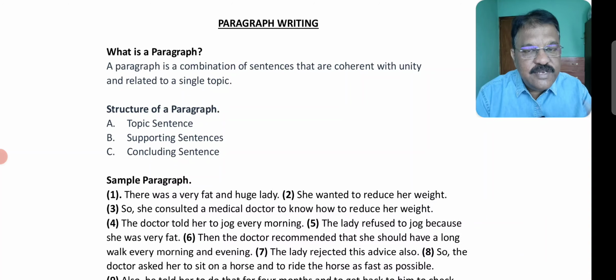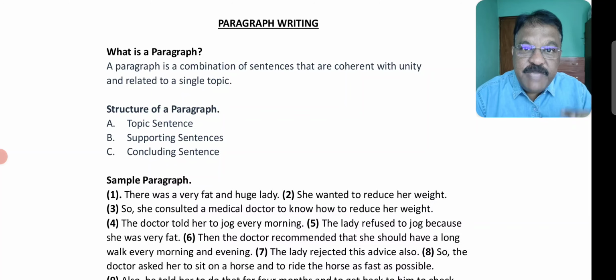You have a few sentences or many sentences in your paragraph. You have one main idea that is discussed in your paragraph, right? Now, all the sentences that you produce in your paragraph must be coherent in the sense that each sentence must be linked to one another.